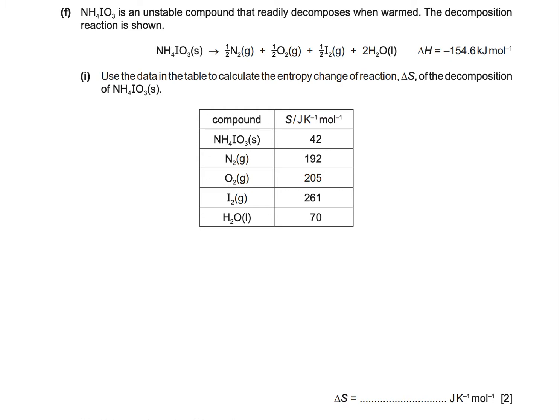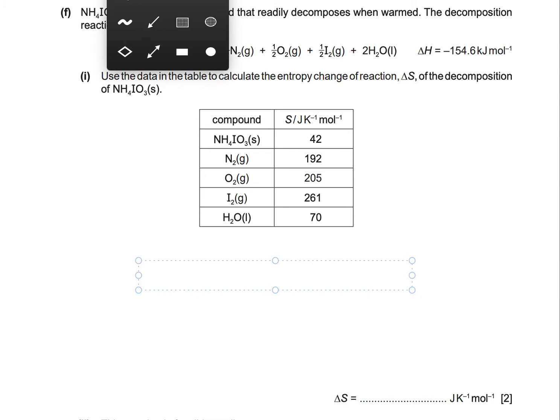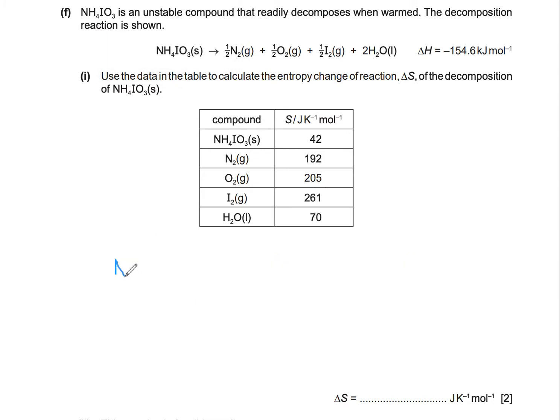We need to find the change in entropy. First we draw a triangle which shows a change in entropy, and we write S over here, which is equal to final entropy minus initial entropy.